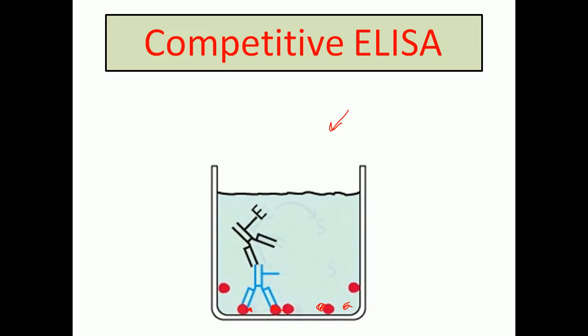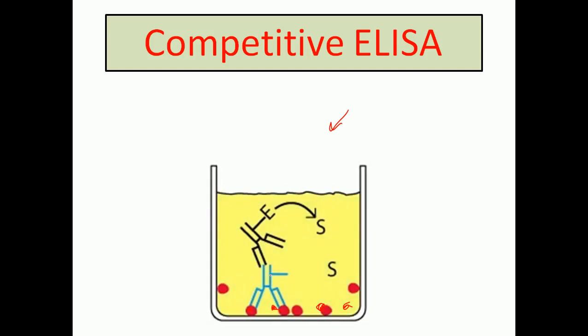Then we add the substrate, and the enzyme substrate reaction turns the coloration of that well, and we can find the presence of that antibody. So this is the idea of competitive ELISA. We can detect whether the antigen antibody complex is present or only the antibody is present. Though we can also use the complement fixation assay to prove that, competitive ELISA can also give us the idea.